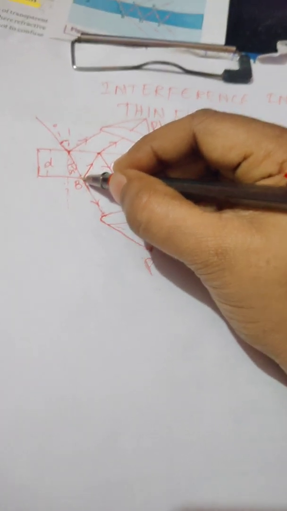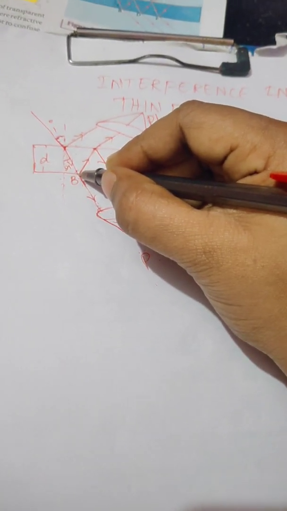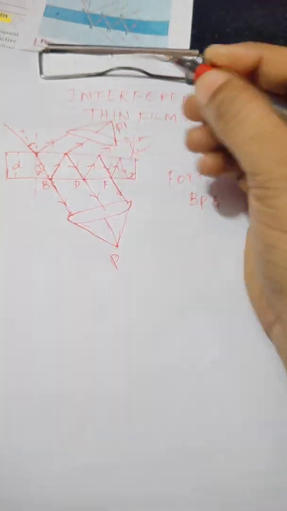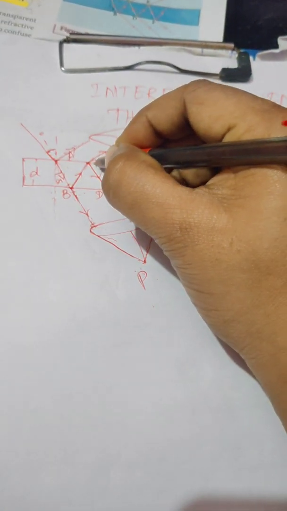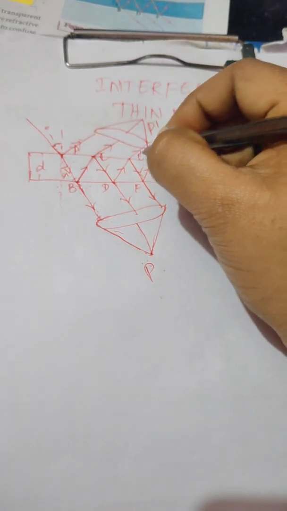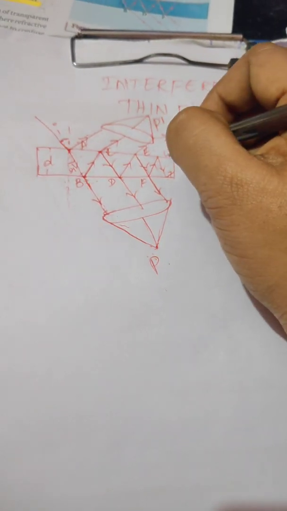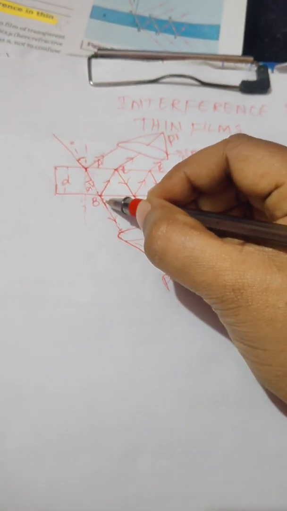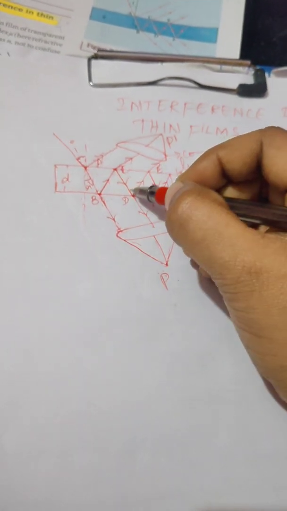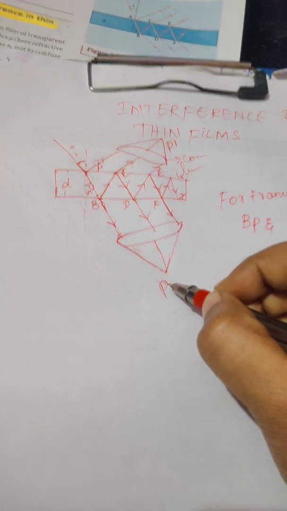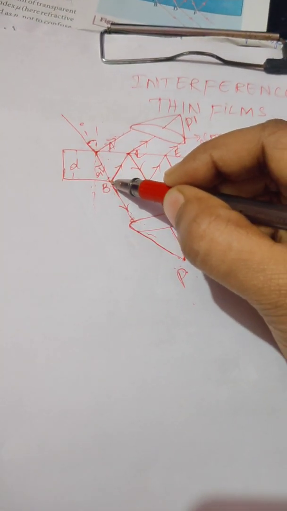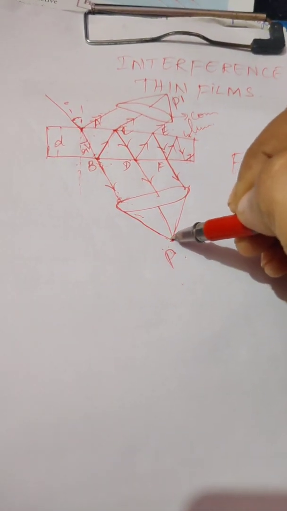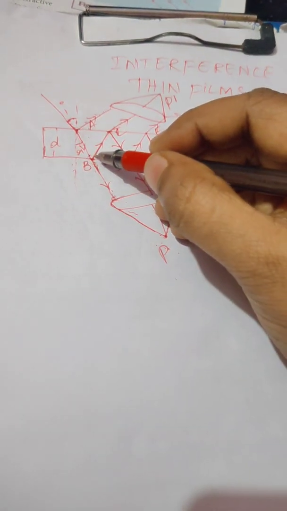I have to take the points A, C, E and G, and here B, C, D, P. When the incident ray is reflected, I get the second ray.